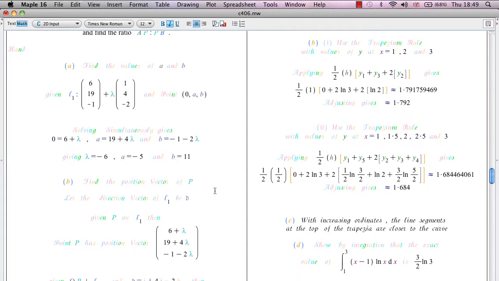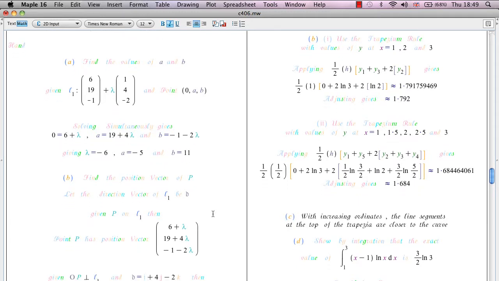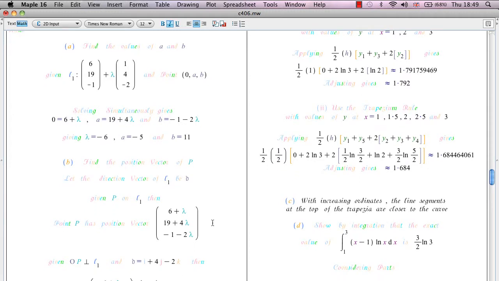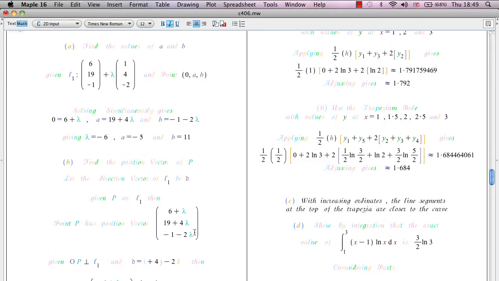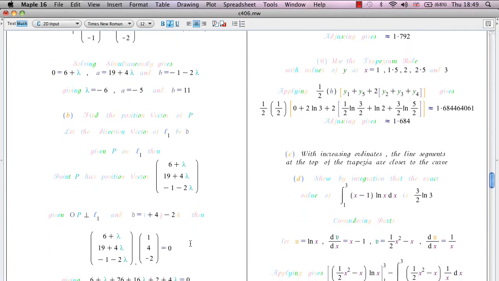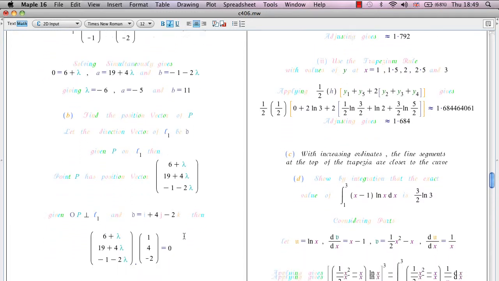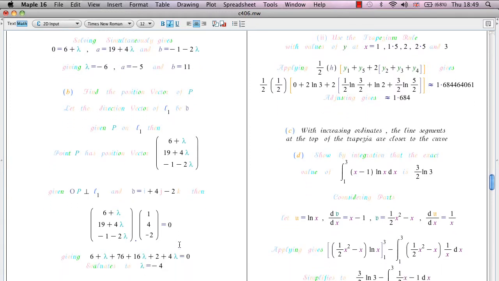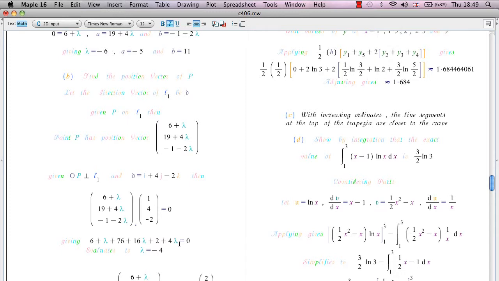So for part B, given that P lies on the line from the vector equation, we can write down the position vector. So given this line is perpendicular to the line given, then we can use the dot product of the normal to evaluate lambda.